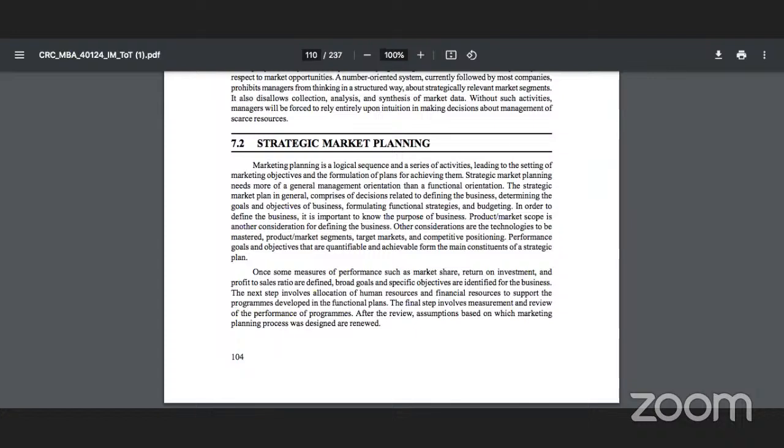So, in order to define the business, it's important to know the very purpose of the business. So, the product or market scope is another consideration for defining the business.